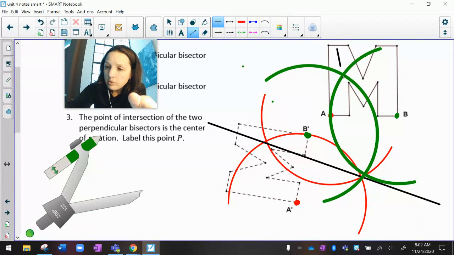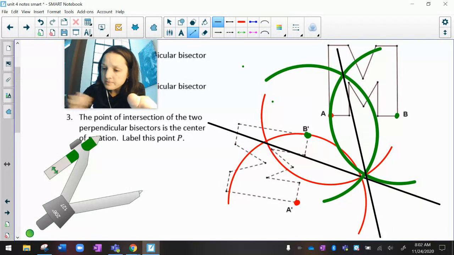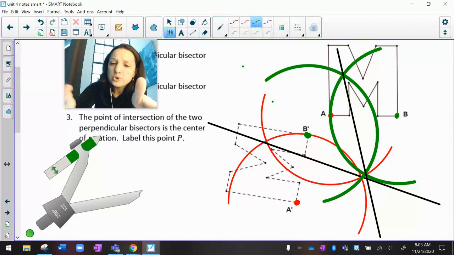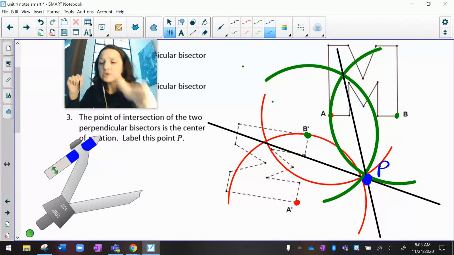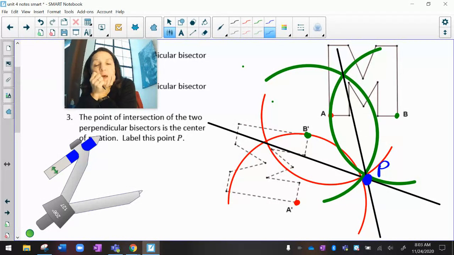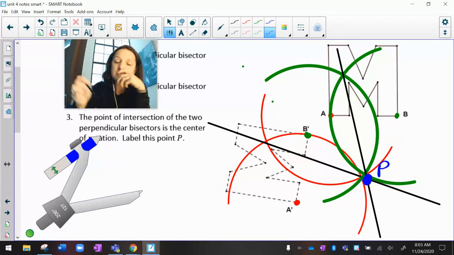Draw in my perpendicular bisector. And where those two lines cross right here, that is your center of rotation. So that would be the anchor point for like a popsicle stick holding the M that it would turn. Okay.